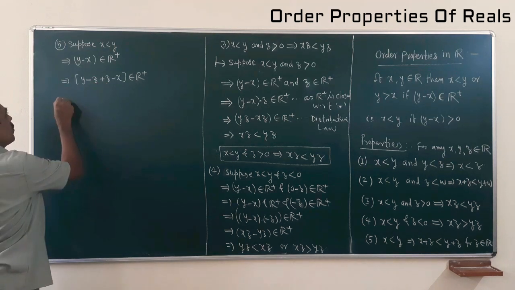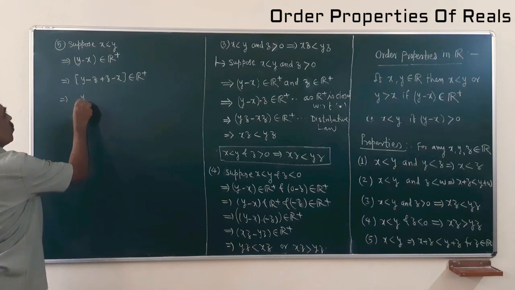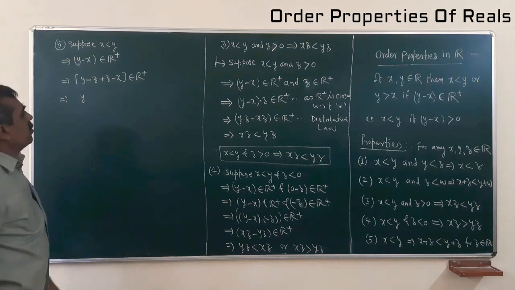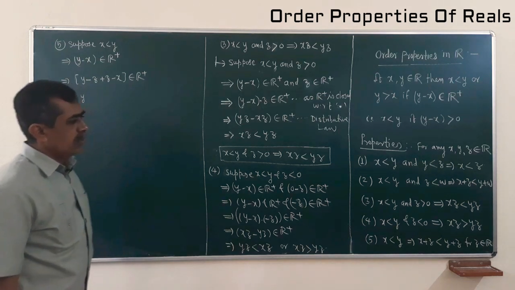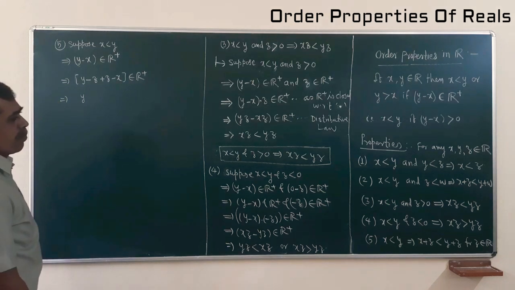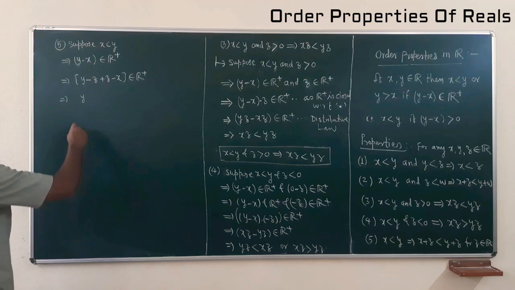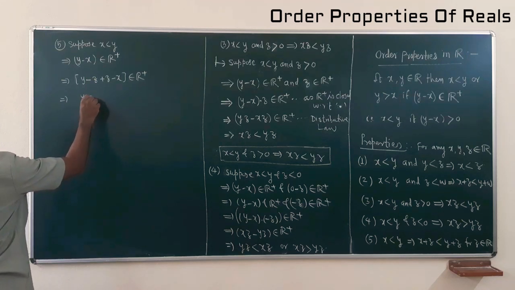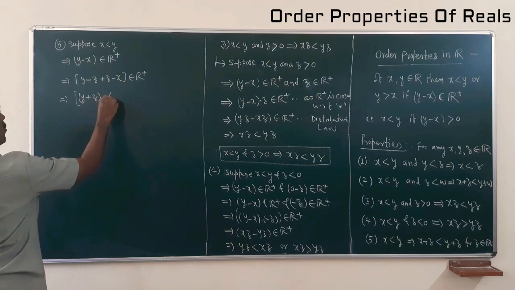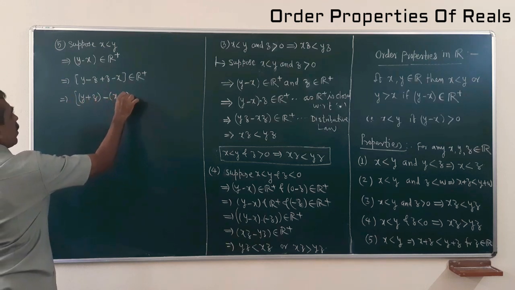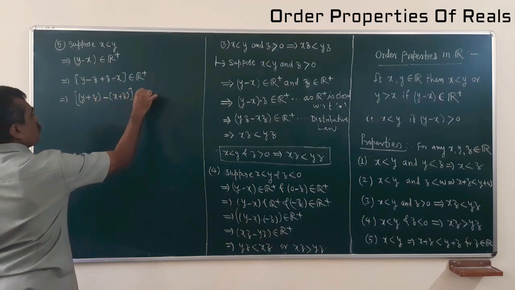So how can I write this? I may write this as y plus z minus x plus z belongs to R plus.